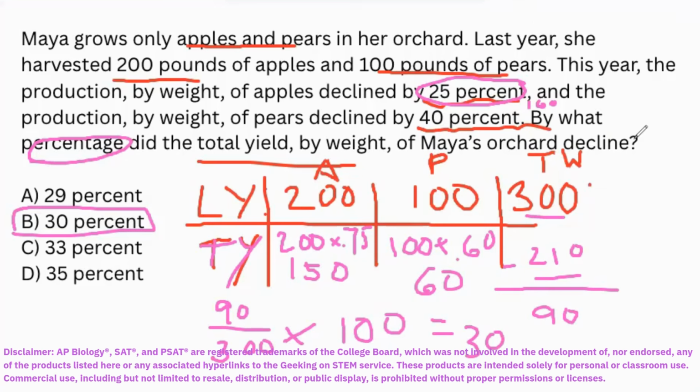We're comparing the growth from one year to the next, which is why we have to subtract the percentage. So make sure that you're not being tricked by overall words like decline, where you might go, okay, 200 times 25%. And you have to think to yourself, it says it's declining by 25%. That means that it's still growing by 75%. So you want to go ahead and calculate that.